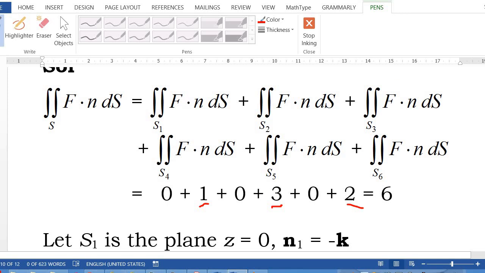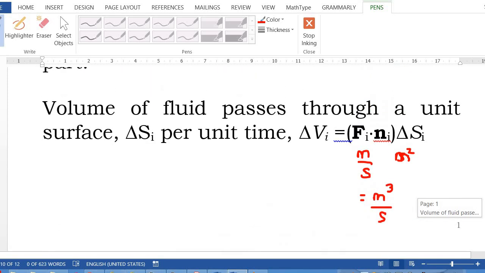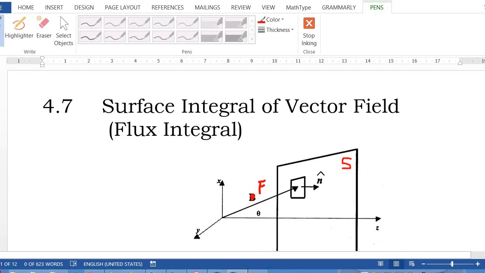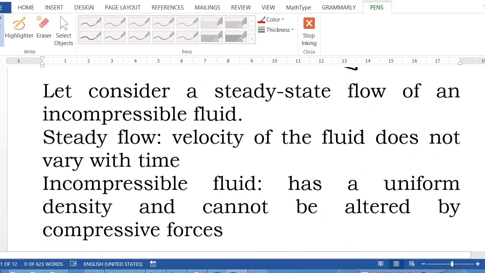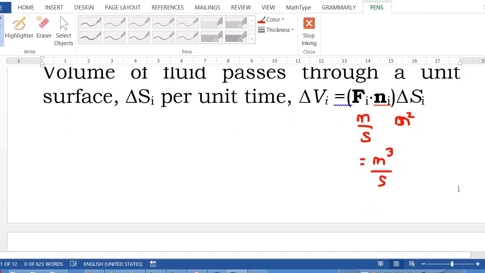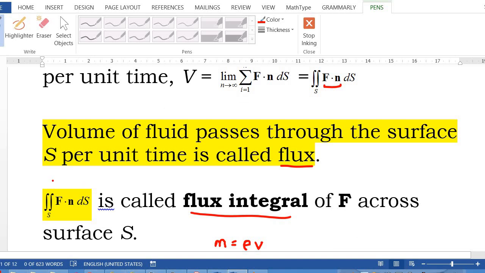So in this lecture we have gone through the flux integral or surface integral of a vector field, which represents the flux. Actually, this is a flux integral or surface integral of a vector field because F dot n here is a vector field, not a scalar function.